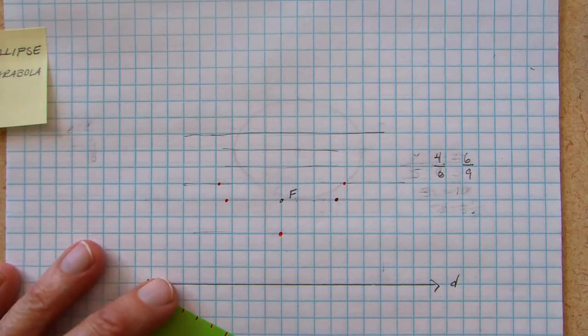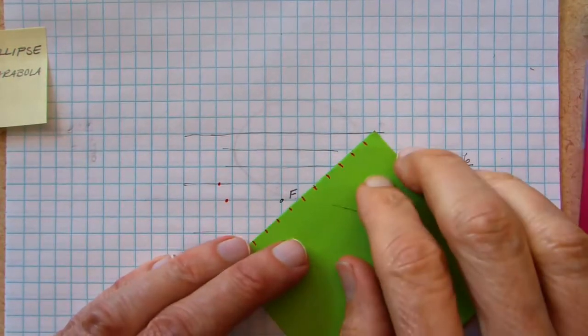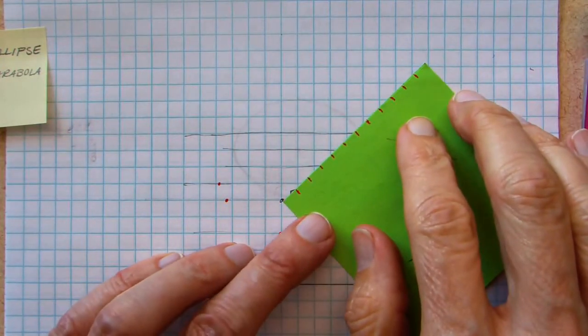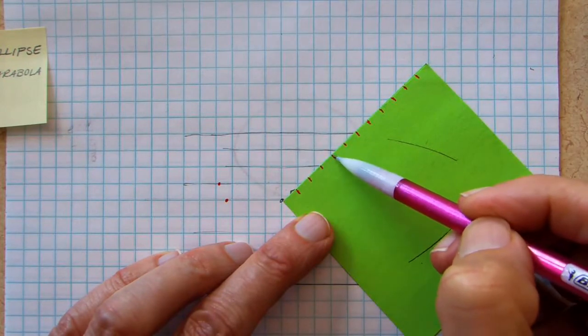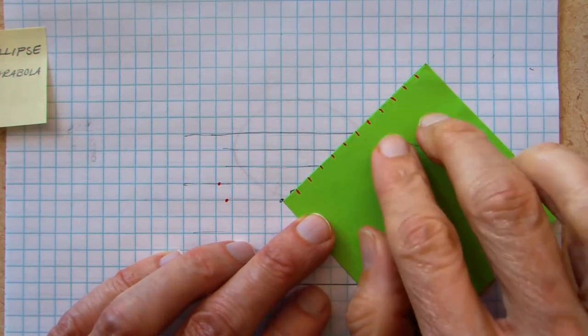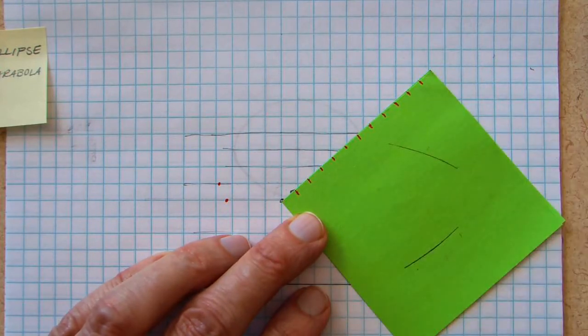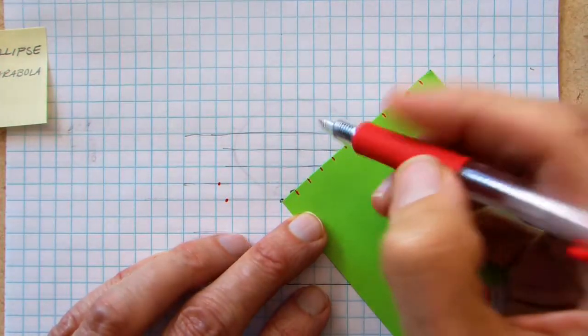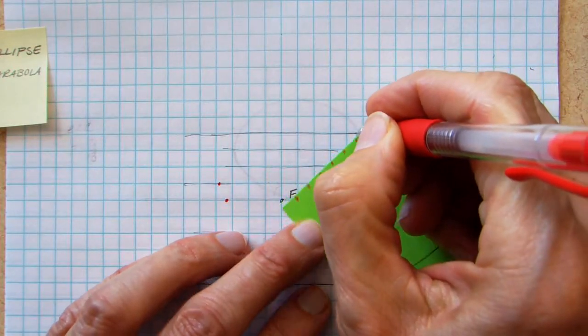And I want to be 6 units away from the focus. So if I try to get myself 6 units from the focus, so let's see, that'd be 1, 2, 3, 4, 5, 6 is right about there. So maybe right around there would be 6 away from the focus.